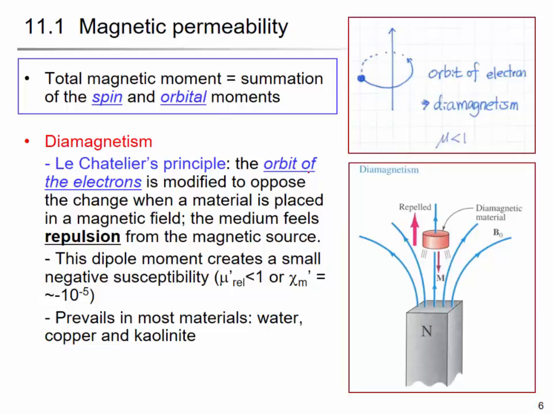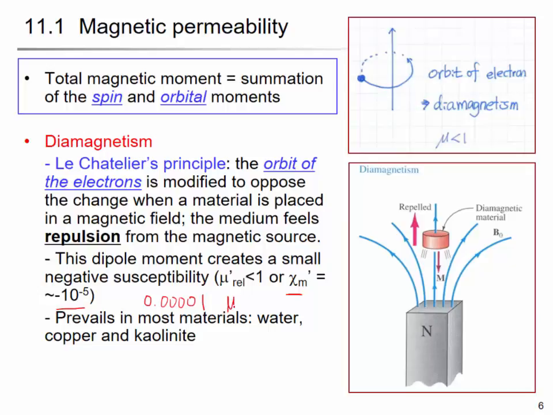So the orbit of the electron is modified to oppose the change when a material is placed in a magnetic field. So the material feels the repulsion from the magnetic source, and this creates a small negative susceptibility. So chi is a negative value, minus 10 to the negative 5. So it's going to be like 1, 2, 3, 4, 5. Right?